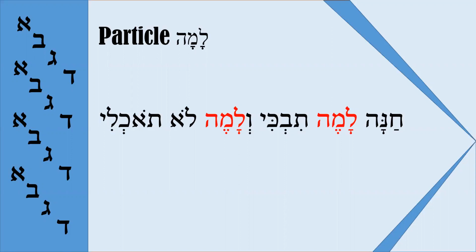The rule is like this: if there is a vowel or vowel sound before the letter with begadkefat, then the dagesh is not supposed to be there. Here we have lame, the previous word ends with the vowel e, that is why there is no dagesh here.